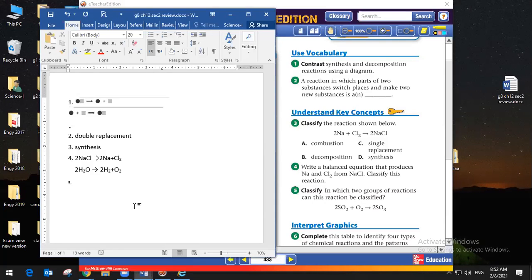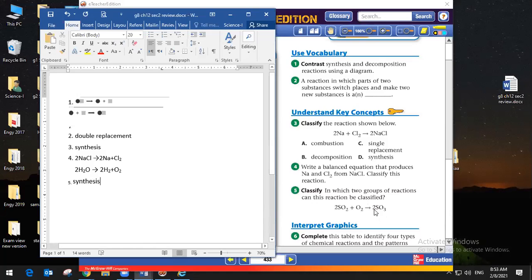Yes, Fadia. Just raising your hand without answering, okay? So Judy? Synthesis. So that's good. He asked in which two groups of reactions, but actually it could be classified into one group only, which is synthesis. There is no other group.